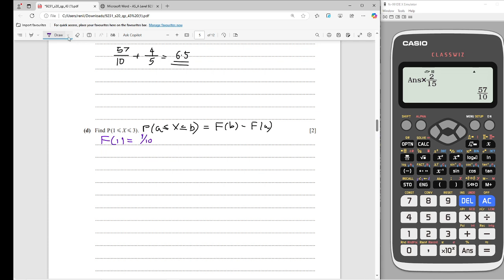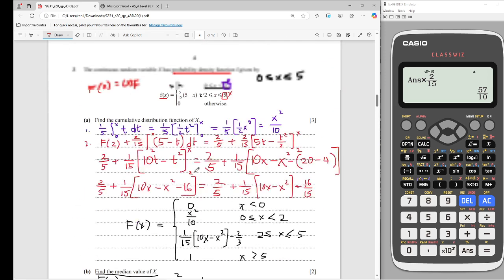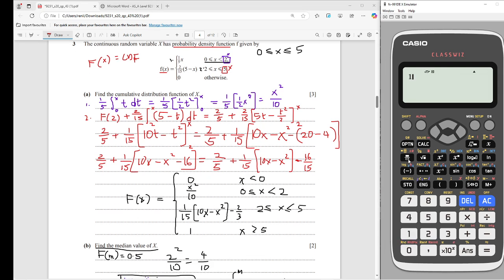Now we have to go for F3. F3 falls in the second equation part. So when you plug in the value of 3 into this entire equation, we get 1 over 15 times 10 times 3 minus 3 squared, whole, minus 2 by 3, which is equal to 11 by 15.